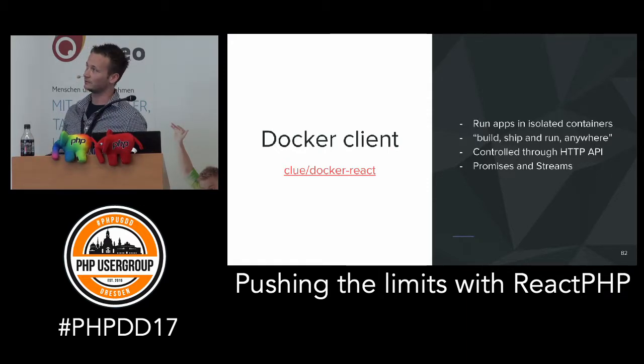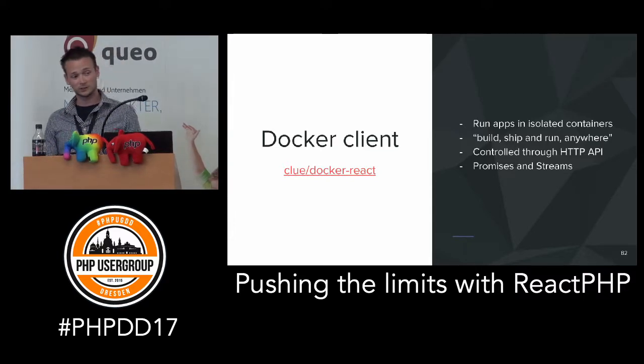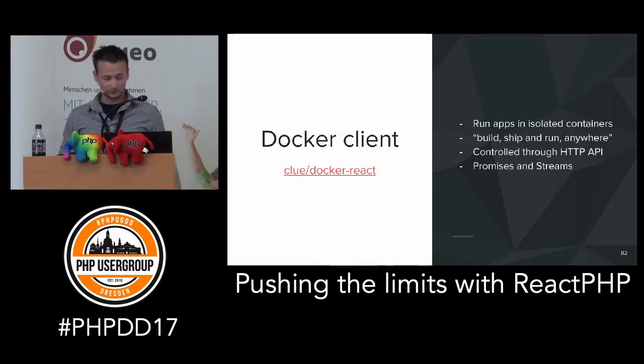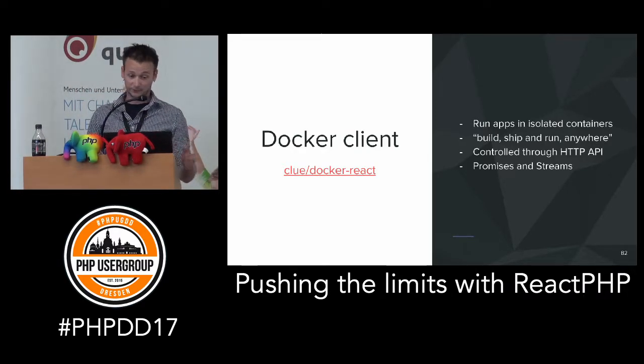This Docker daemon is actually controlled through an HTTP API. So this means you can send an HTTP request against Docker to spawn a new lightweight virtual machine. And of course, there's a Docker client, which allows you to spawn these processes, and this can be used to benchmark the whole thing.